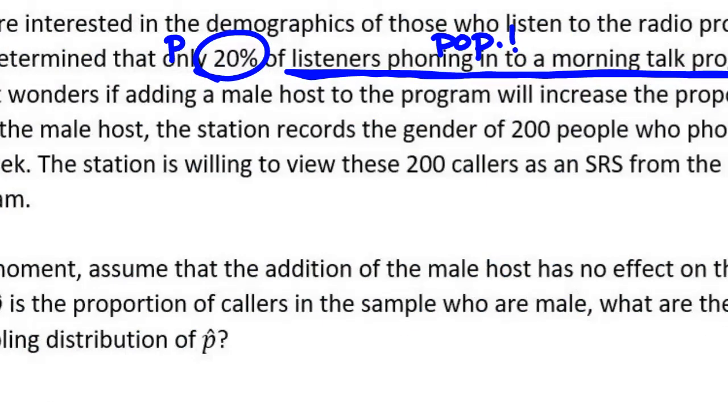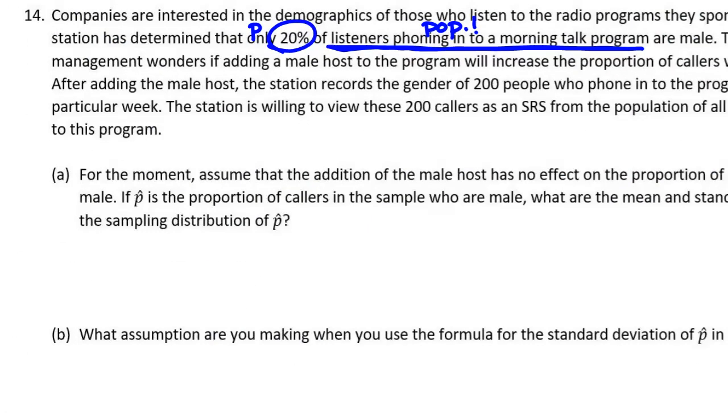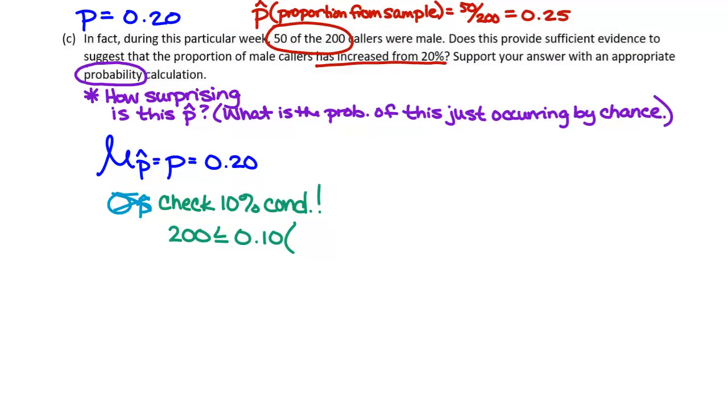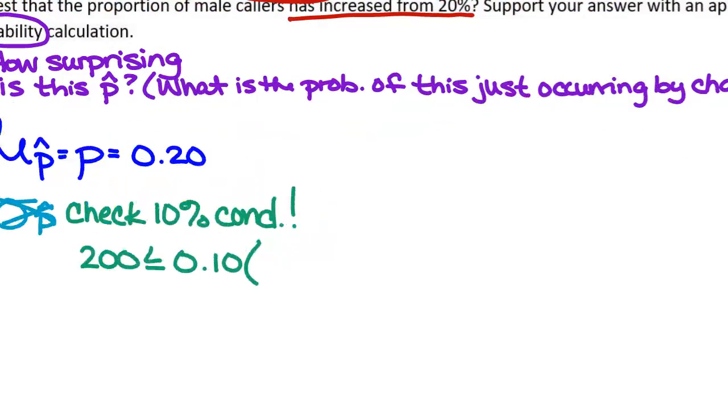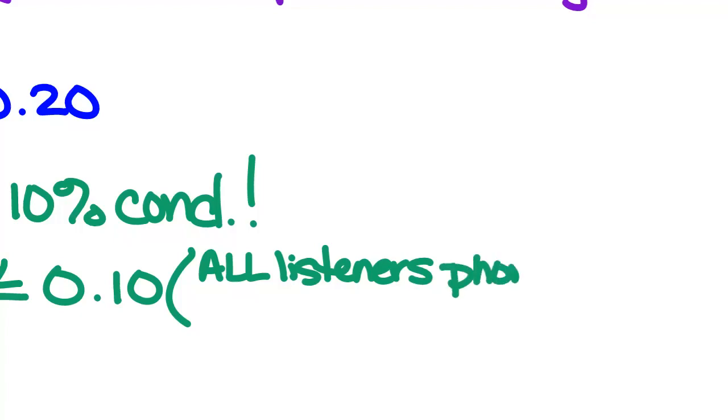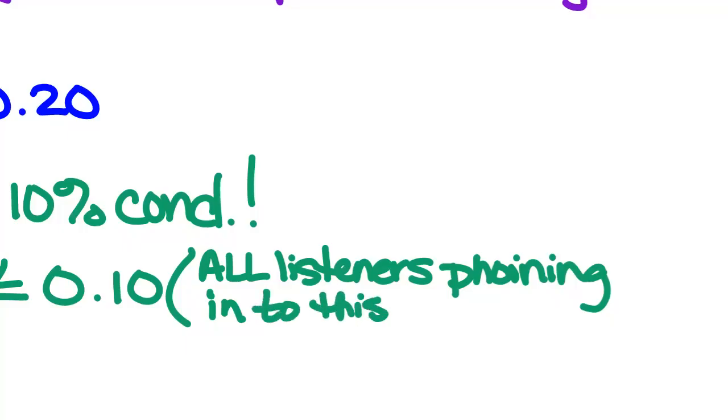The population would be all the listeners phoning into the morning talk show program. So 200 is less than or equal to 10% of all listeners phoning in to this show.